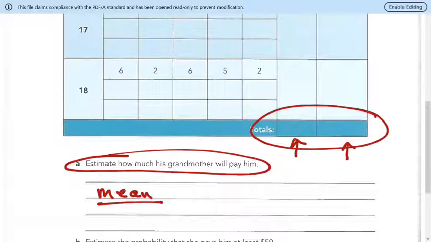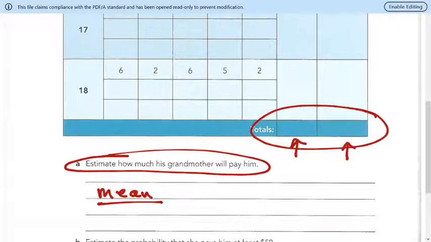The mean amount for this trial was $30 or whatever, so I expect that his grandmother is going to pay him $30 every time. Do you see the logic there? We can't say with any certainty because these are random trials. If you each did these as random numbers, would you all get the same results? No. But I bet your mean would be very close.